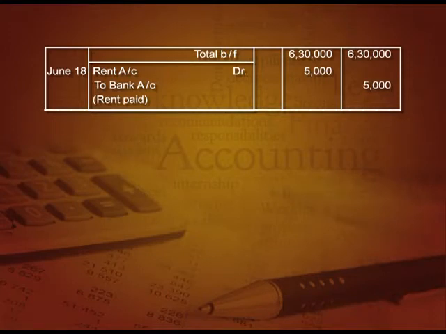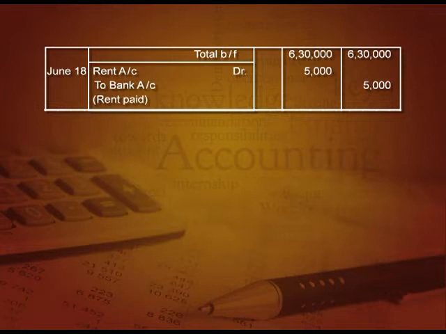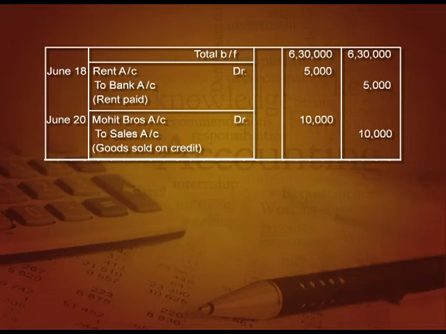Next, sale of goods on credit to Mohit Brothers 10,000. So, the entry will be Mohit Brothers account debit to sales 10,000. In Mohit account I will be writing to sales 10,000 and in the sales account we are writing by Mohit Brothers 10,000.